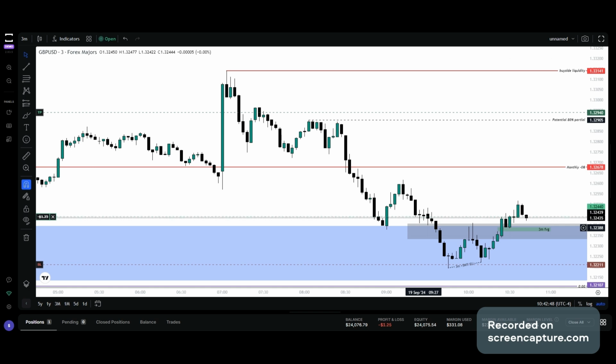And so we have 3 minutes until the next 15-minute candle closes at 10:45. I like to see price close above that 15-minute gray rectangle.